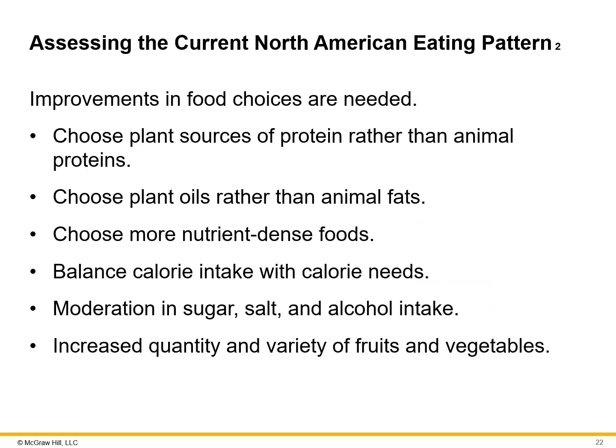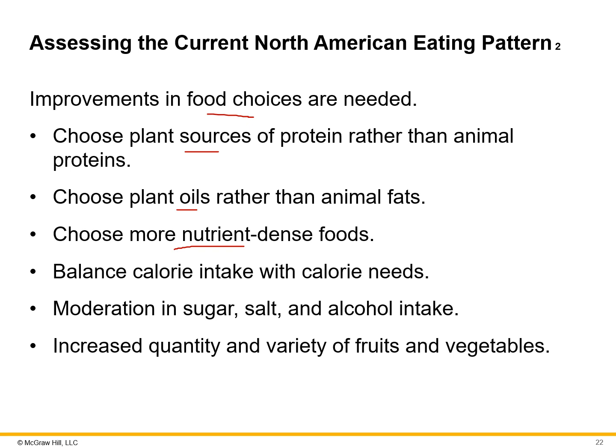So if we keep looking at some of the improvements that are needed, as we learn more about this and increase education: choosing plant sources of protein over animal proteins, mainly because of the saturated fat that gets linked to animal proteins. Again, choosing plant oils over animal fats, and eating more nutrient dense foods instead of empty calories, where you're consuming a lot but not getting much out of it.